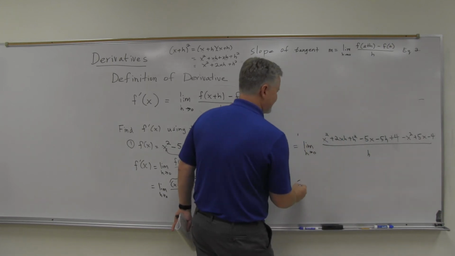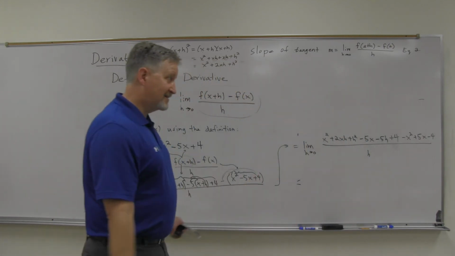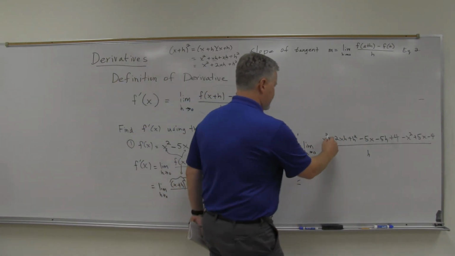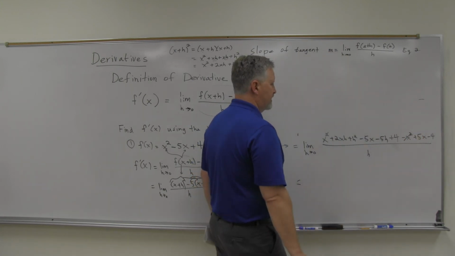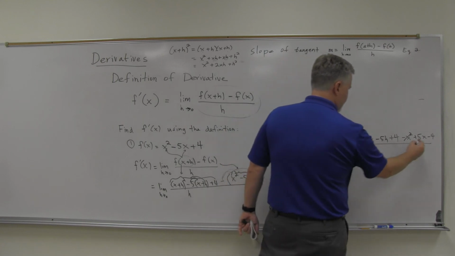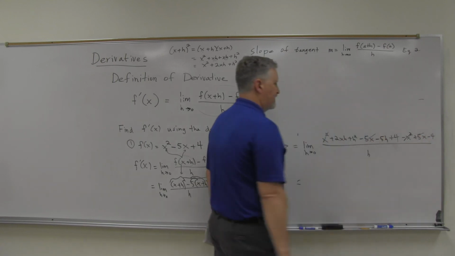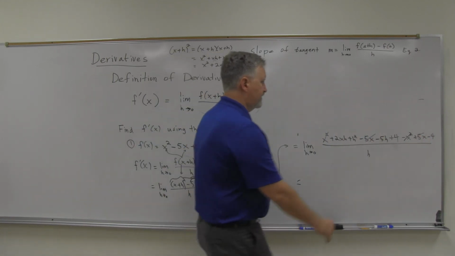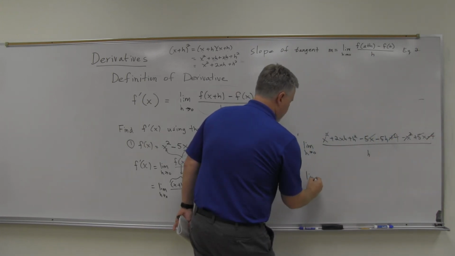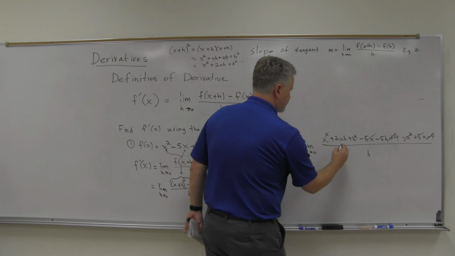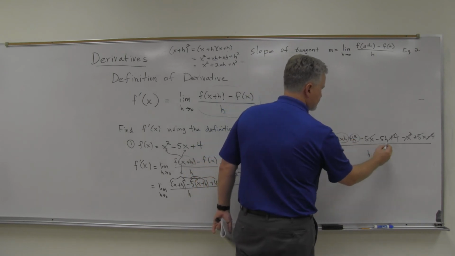So what happens? Usually nice things should happen. If they don't, then you might want to check everything. The x squared is minus and plus, 5x a minus 5x, and a plus 4 and a minus 4. Everything cancels out except this.